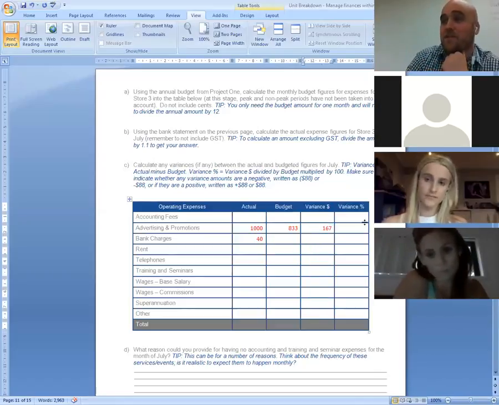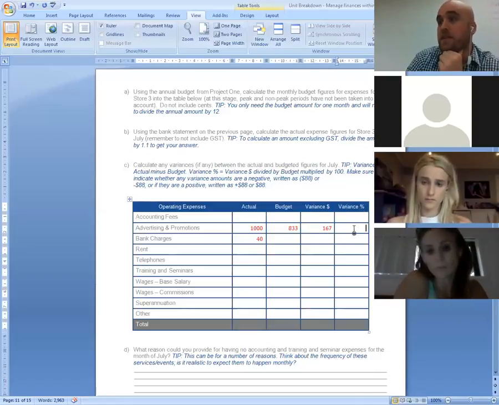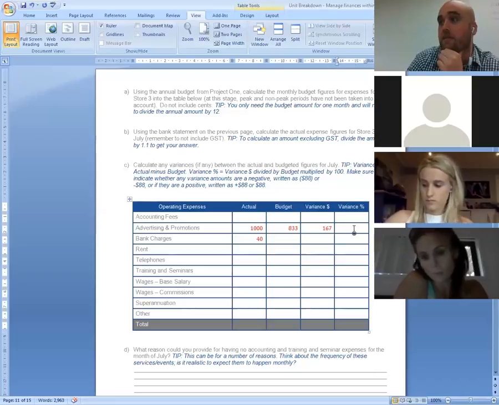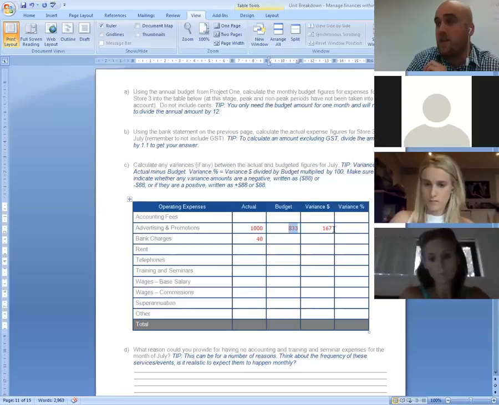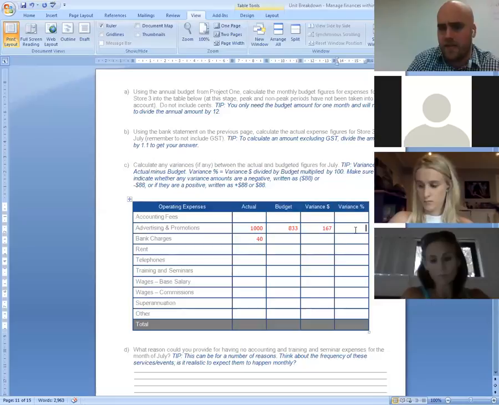Some people do get a bit confused, but what we need to do next is work out the variance percentage. This is going to be the variance amount as a percentage of the budget. If everyone remembers how to work out a percentage, it's 167 divided by 833 times 100. And I believe this one comes out to somewhere around 20%.